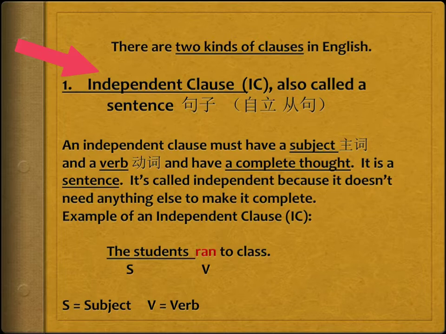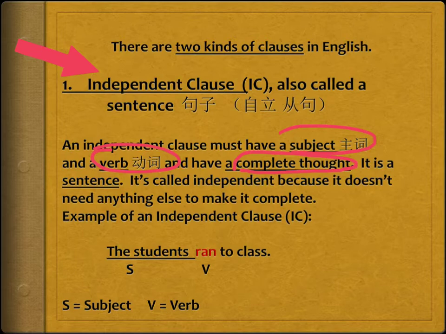An independent clause, 自理从句. It must have a subject and a verb, and a complete thought. That makes it a sentence. Another way to call it is an independent clause. It doesn't need anything else to make it complete.